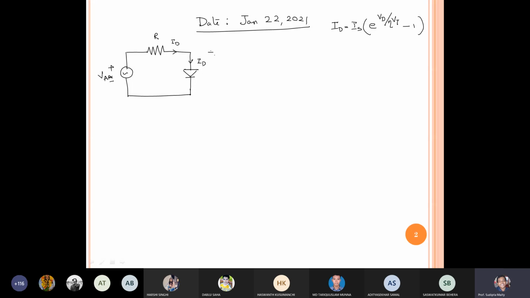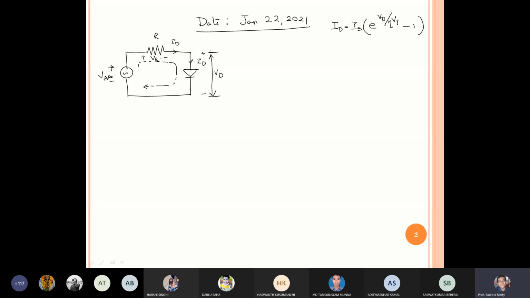Now the voltage across the diode is suppose Vd, then obviously this has to be plus terminal and this has to be minus terminal. Agree? Current is flowing in this direction, so the voltage plus and minus is VR. Agree?